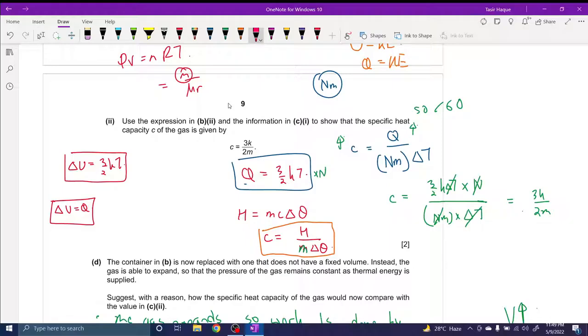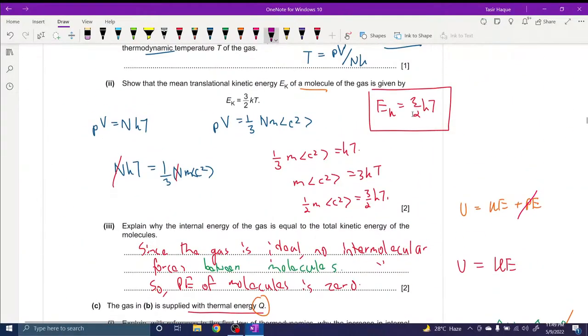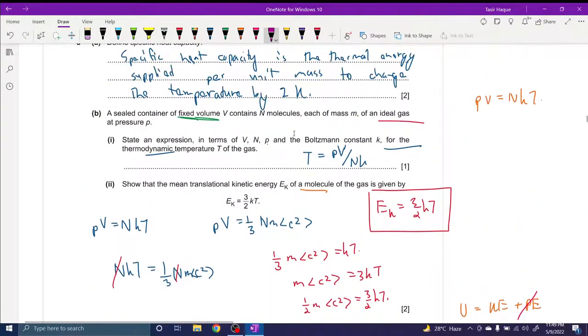Because remember, this mass in H equal to mc del theta actually refers to the total mass of the gas. But our m from this expression, the m here, is the one for each particle. So if each particle has a mass of m, the total mass of the gas will actually be N into small m.